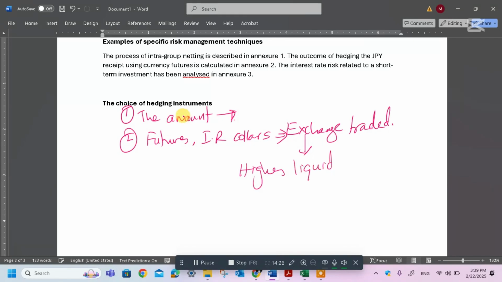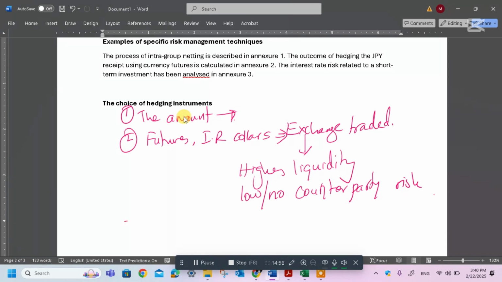Whenever you want, you can get rid of this, easy to sell, easy to buy, higher liquidity, and low or almost no counterparty risk. You don't have counterparty risk because it is properly regulated by the Securities and Exchange Commission. So you don't have to worry about whether the counterparty will default the payment. So those are general advantages.